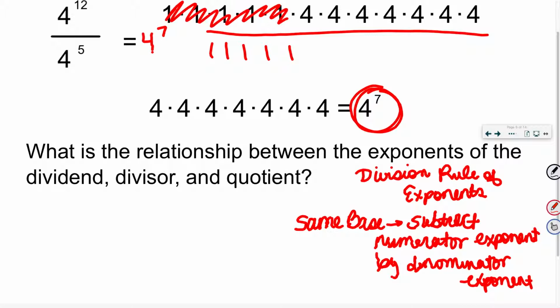But really, you're eliminating your big ones. We'll do another example. If you need to show the breakout of 4 to the 12th over 4 to the 5th, it's a good example to have. Show your big ones, you're left with 4 to the 7th. That's a good example.